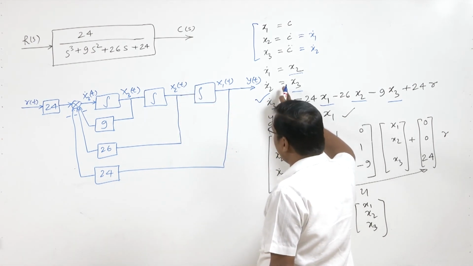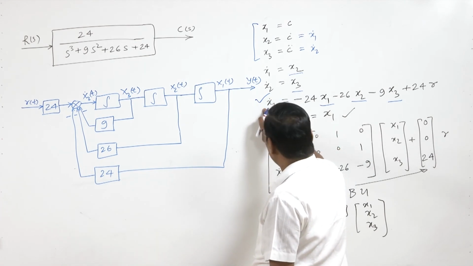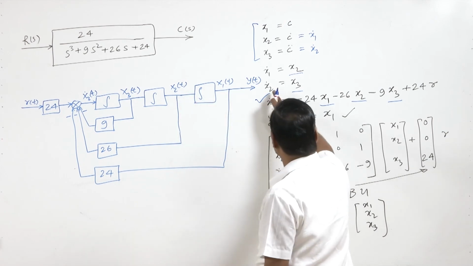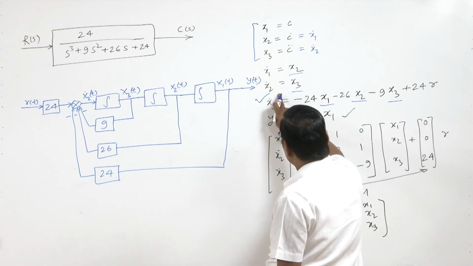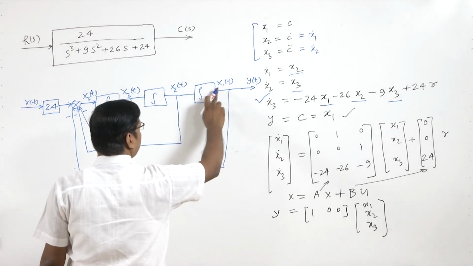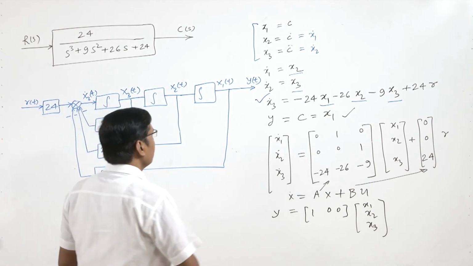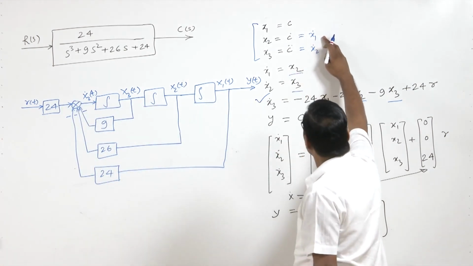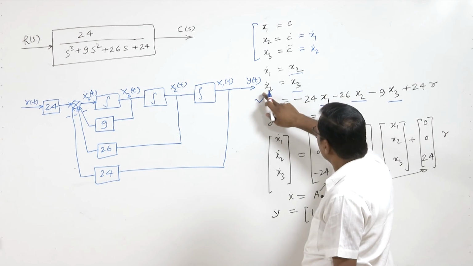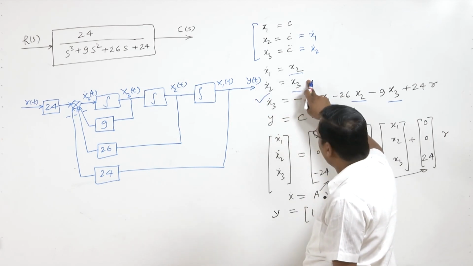Because here we integrate x3 dot, we get x3, and we integrate, we get x2. And then we integrate x2, we will get x1.